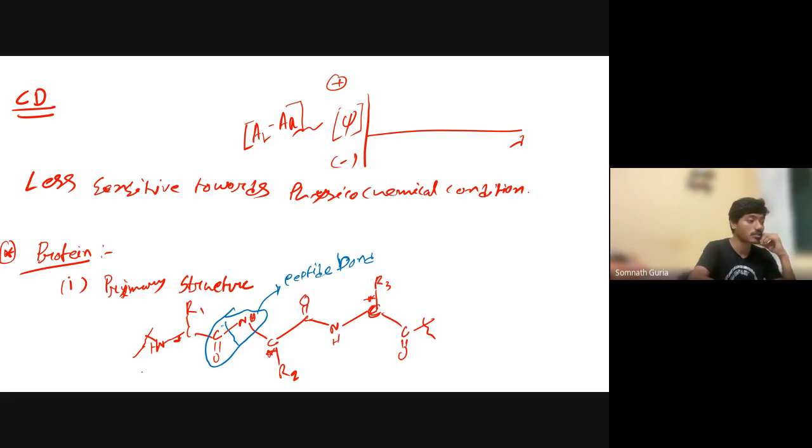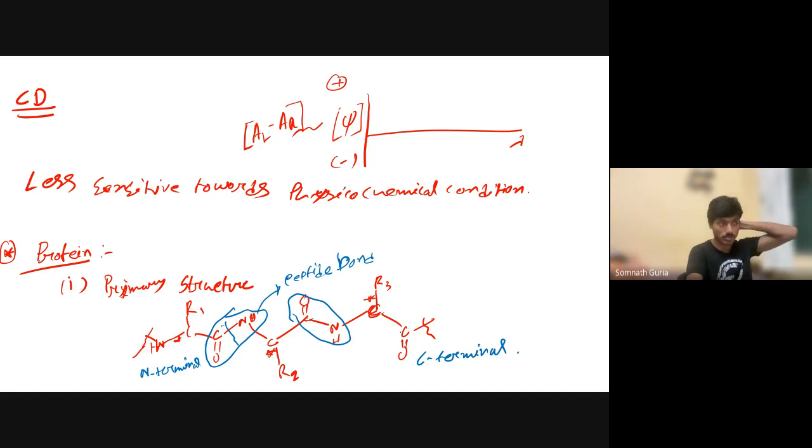This terminal is called the N terminal, and this is called the C terminal. This is the primary structure, where we have the amide bond, actually called the peptide bond, and another peptide bond here too. So this is the primary structure of the protein.